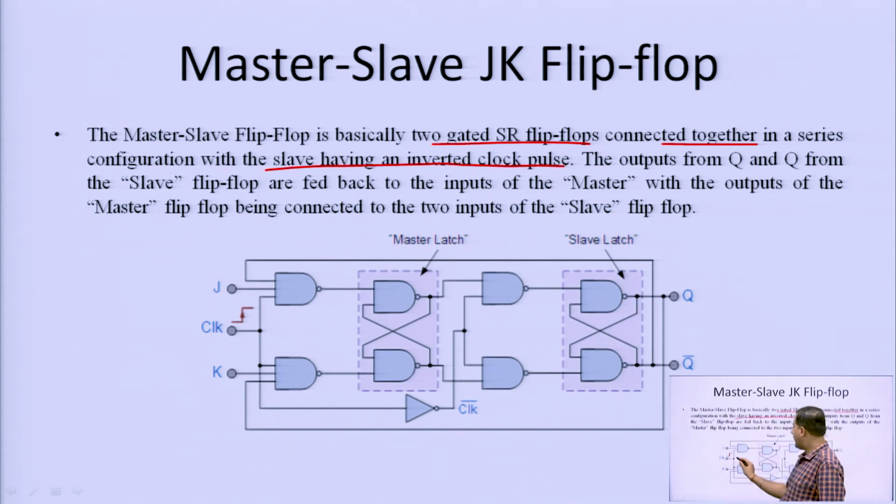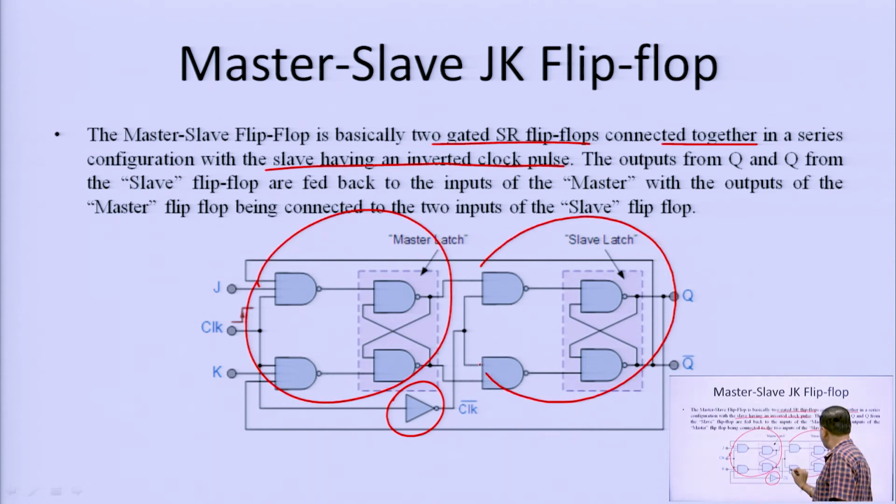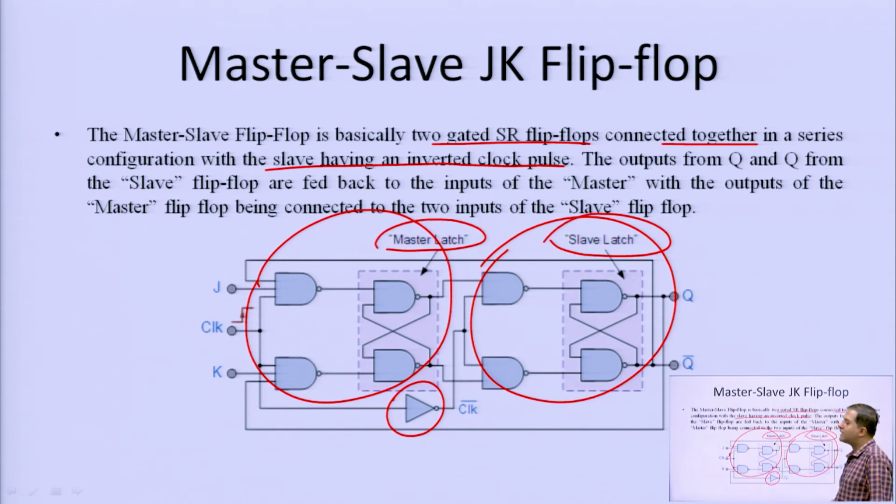Clock is given to the first SR flip flop, and the complemented form, clock bar, is connected to the next SR flip flop. This is the first SR flip flop and this is the second SR flip flop. The first is known as the master latch and the second is known as the slave latch. Clock is directly connected to the master and the complemented form is connected to the slave part.